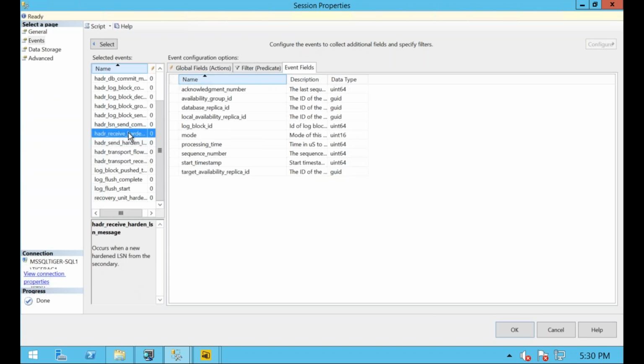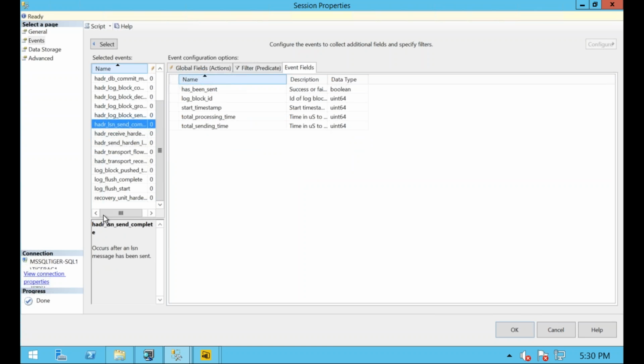Again, for the receive, which will happen on the secondary, we see how much time is being spent by the processing time. This particular event will tell me how long it took to receive on the secondary. Then if I look at the HADR LSN send complete, this is how long it took to send over the complete message.